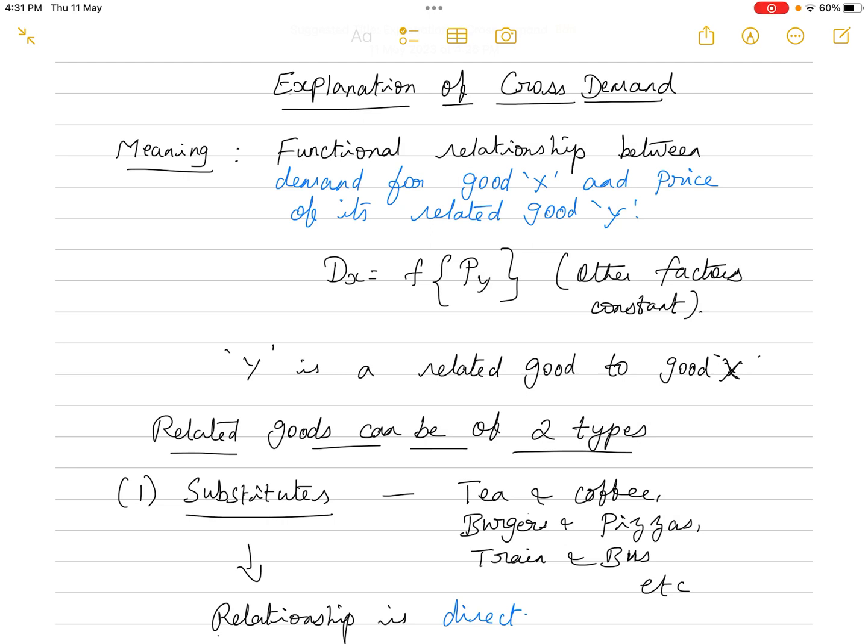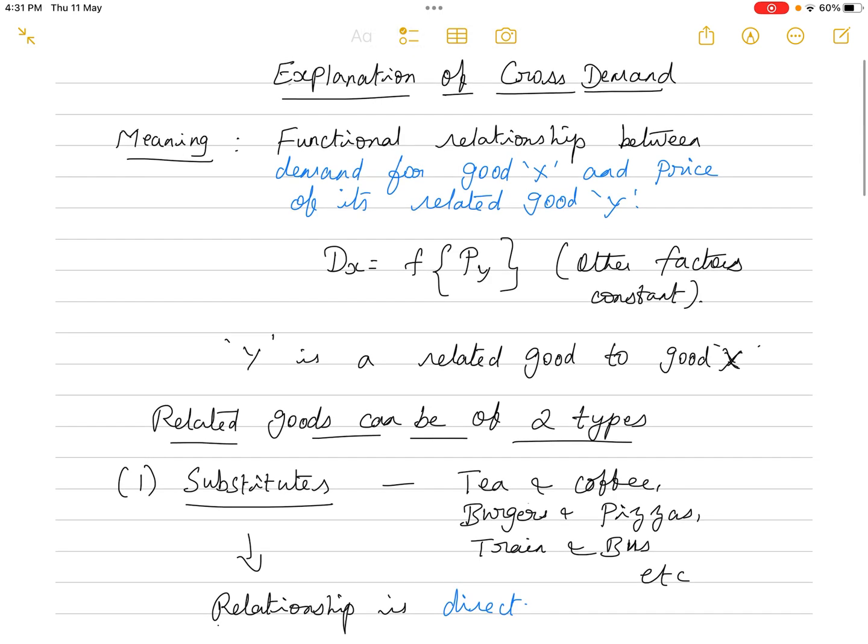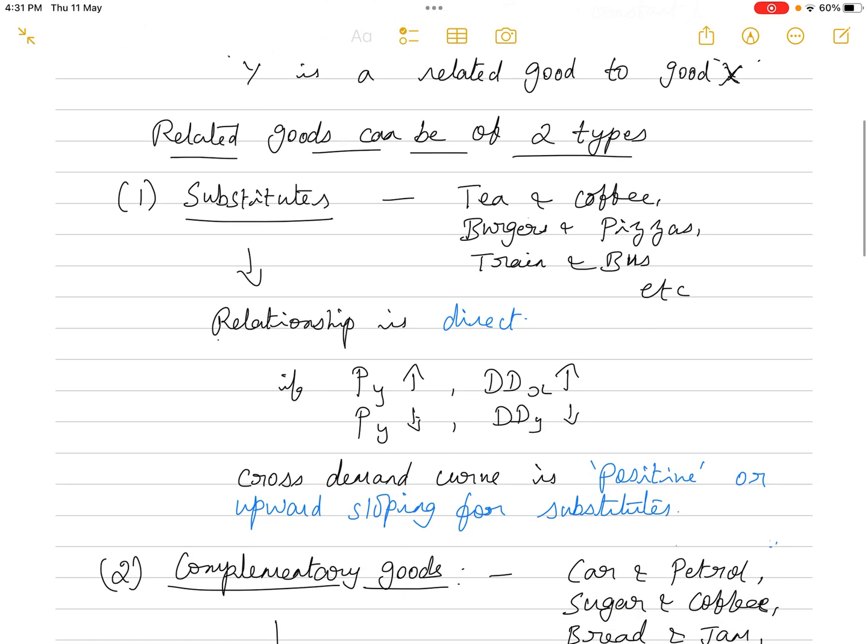Y is assumed to be the related commodity for commodity X, and this related commodity can be of two types. One, it can be a substitute. What is the meaning of substitute? Either you can use commodity X or commodity Y to satisfy your want.